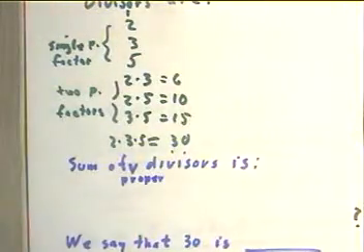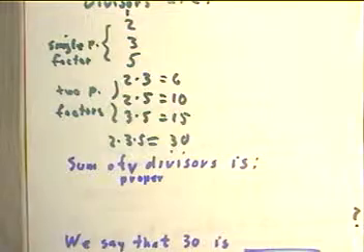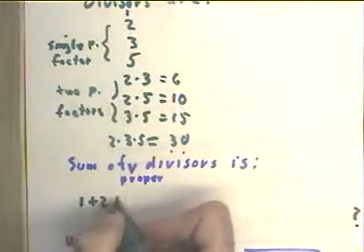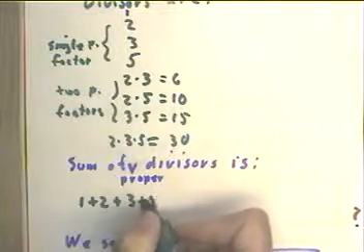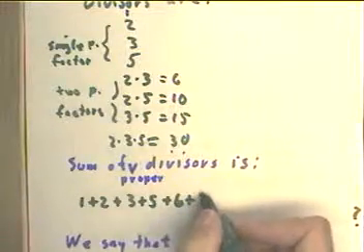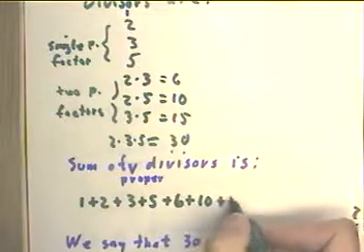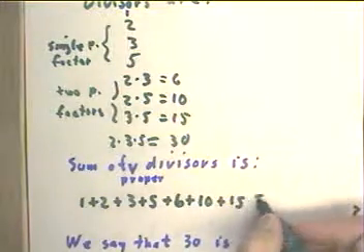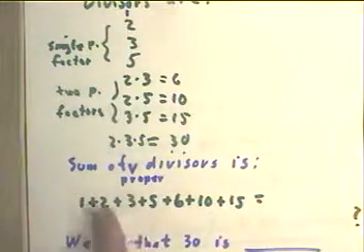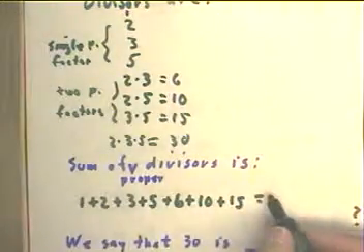So the sum of the proper divisors is what? Well, we've got them listed here. 1, 2, 3, 5, 6, 10, 15. So if we add those, 1 plus 2 plus 3 plus 5 plus 6 plus 10 plus 15. What's that equal? Well, if we do the arithmetic, we got 25, 31, 36, 39, 40, 42.